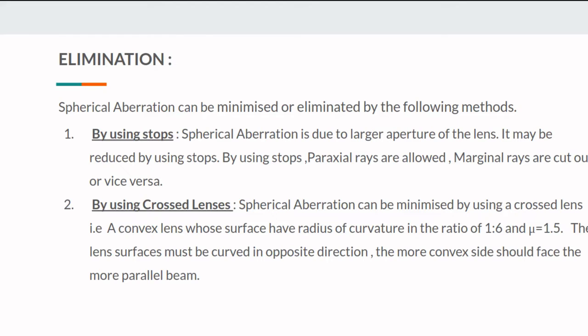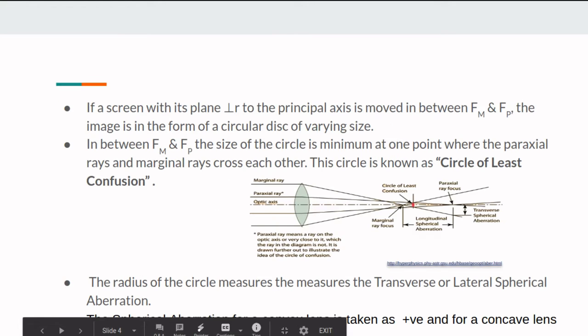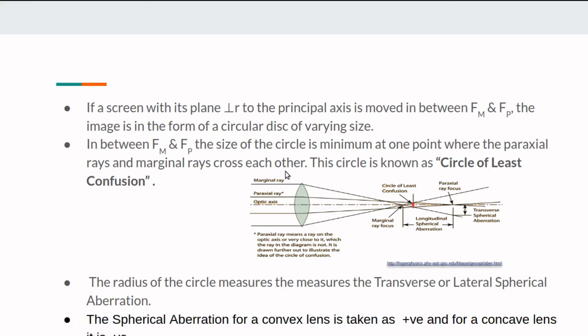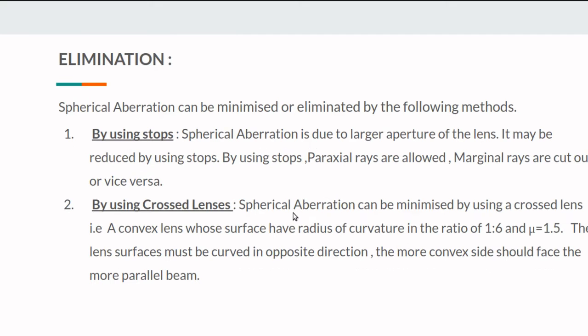If we allow only one type of rays, then this defect is eliminated. Therefore, stops are placed on both sides of the principal axis. Then only one type of rays, either paraxial rays or marginal rays, is allowed. Then a single image is observed.